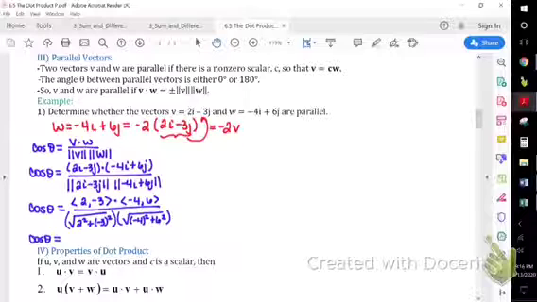So we get cosine of theta equals, in the numerator, because we're doing the dot product, remember, multiply the first two components plus the multiplication of the second two components. In the denominator, we have the square root of 2 squared, which is 4, plus negative 3 squared, which is 9, times the square root of negative 4 squared, which is 16, plus 6 squared, which is 36.